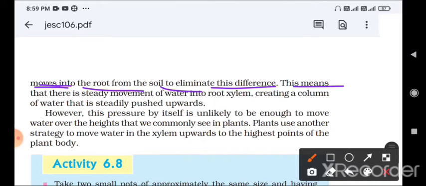This means that there is a steady movement of water into the xylem, creating a column of water that is steadily pushed upward. Mainly this pressure, created by the ion difference between root and soil, makes the water molecules move upward continuously.